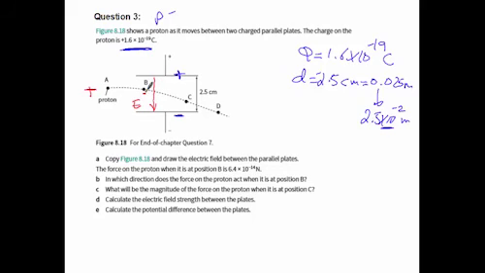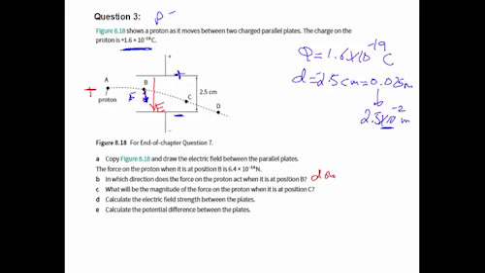So here is the direction of the force, and that was the direction of E. So in which direction does the force act?